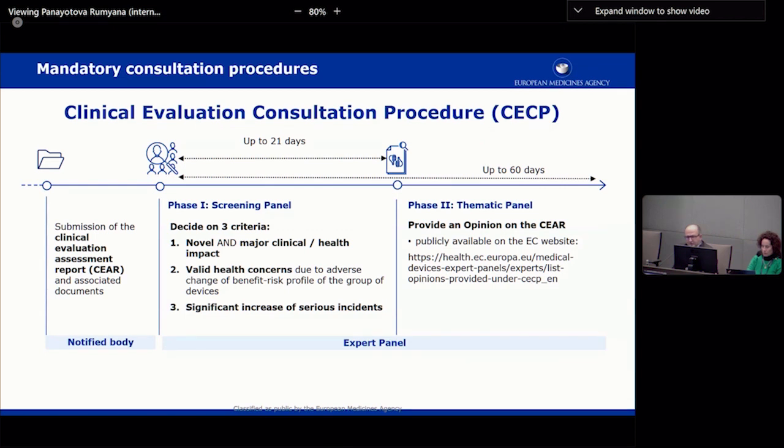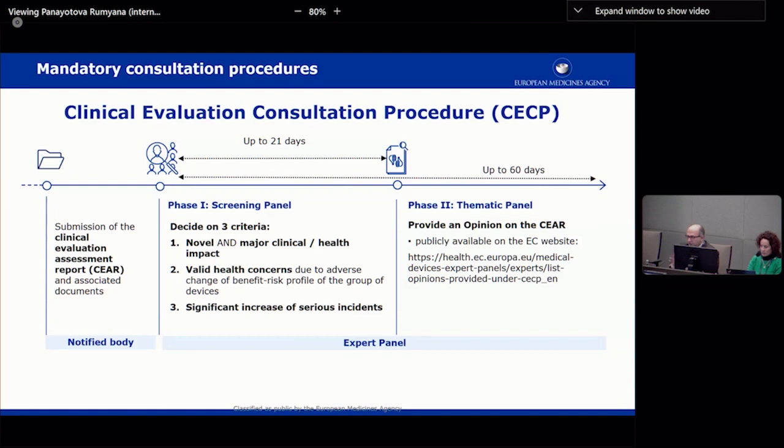So the procedure is focused on a specific part of the assessment that is conducted by the notified body. So the notified body assesses what is provided by the manufacturer, called the clinical evaluation report, and the notified body produces its own assessment report, which is then called the clinical evaluation assessment report.